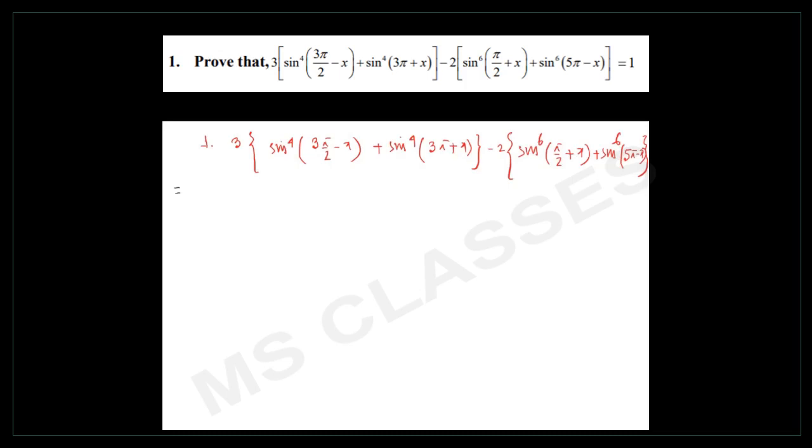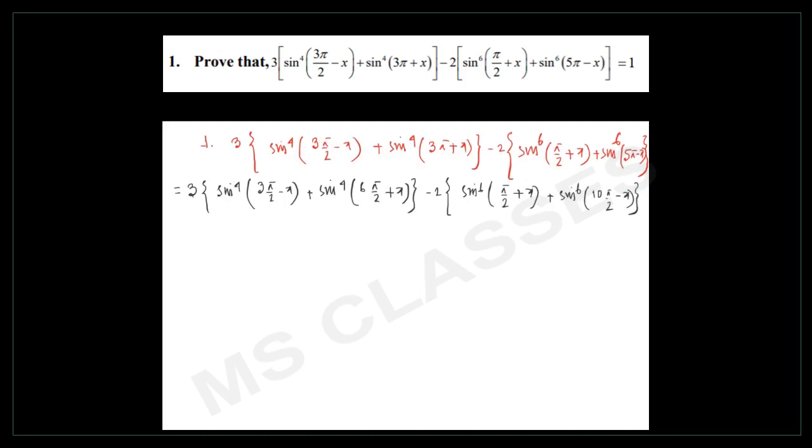So we take here 3 sine to the power of 4, 3 pi by 2 minus x plus sine to the power of 4, we can write this one as 3 pi by 2 plus x, minus 2 sine to the power of 6, pi by 2 plus x, plus sine to the power of 6, 10 pi by 2 minus x. So here we have converted in this form, n pi by 2 plus or minus alpha.